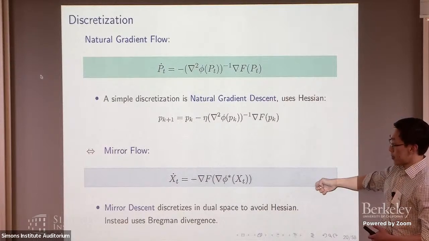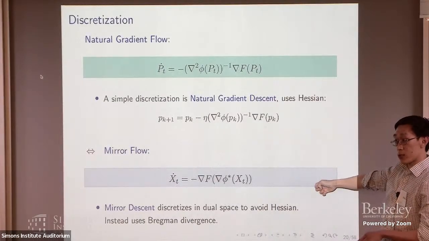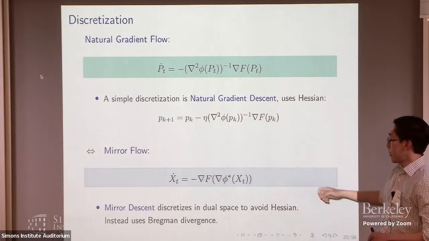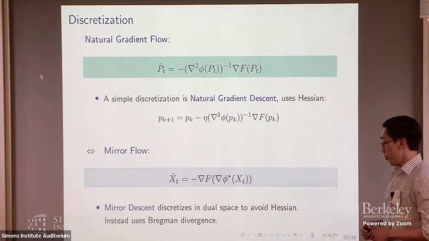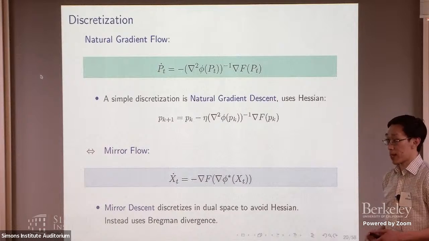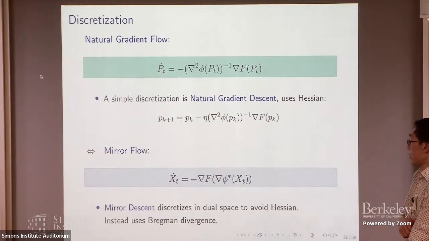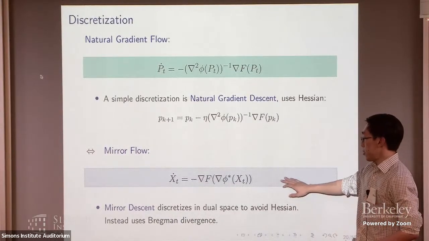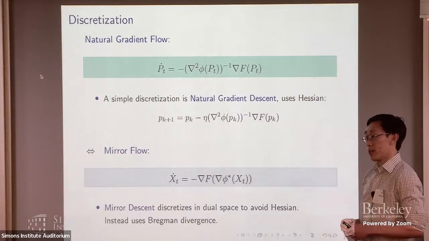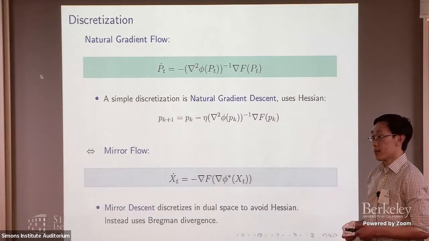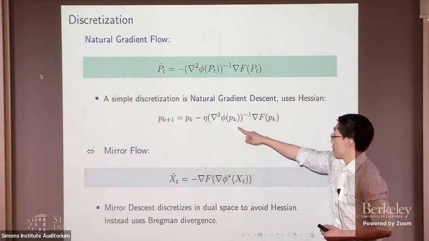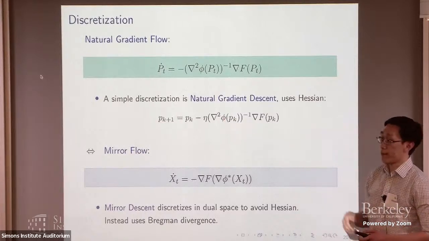If you discretize in the dual space, you also don't need to use Hessian. And it's also when you look at some more elaborate properties like curvature and so on. Typically, in the dual space, you get lower computational overhead, in the sense that you don't need to go as high a derivative.